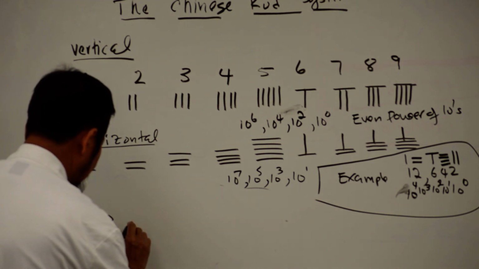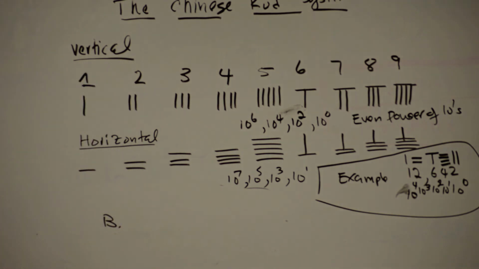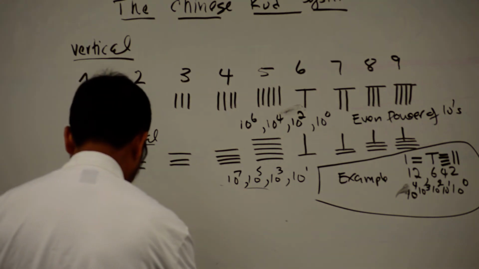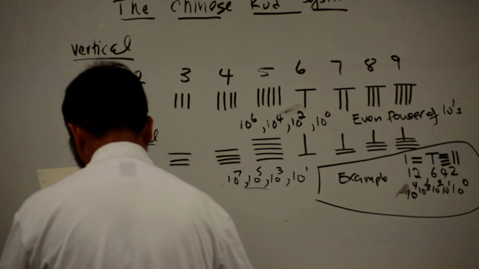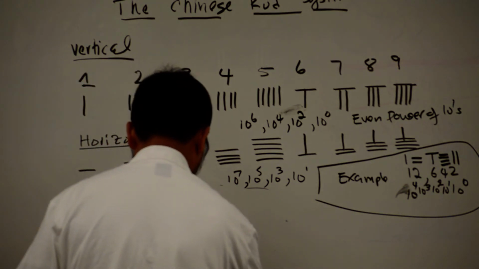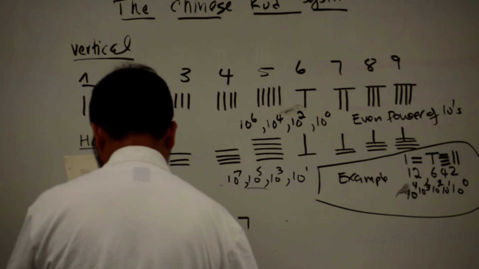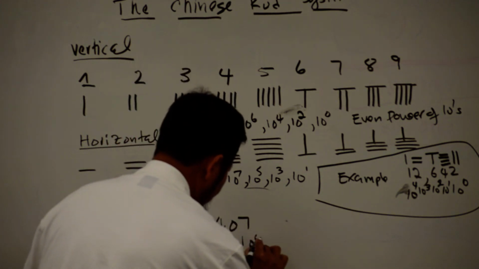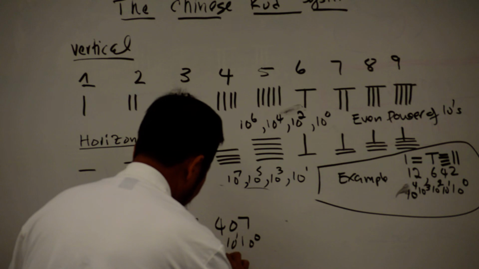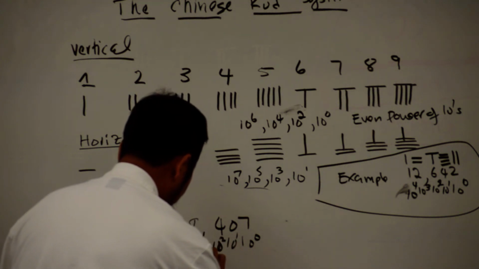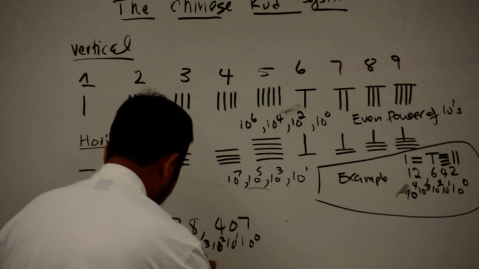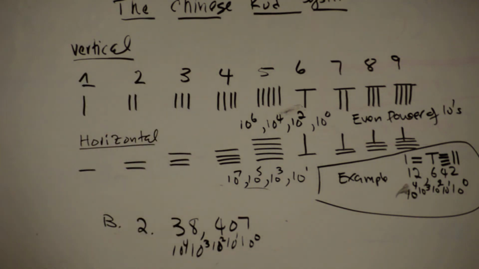In this case, it's number 2. Number 2, I have 38,407. So we know that it's 10 to the 0, 10 to the first, 10 to the second, 10 to the third, 10 to the fourth.